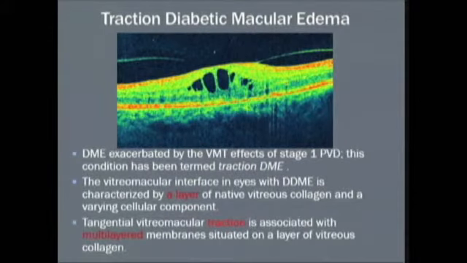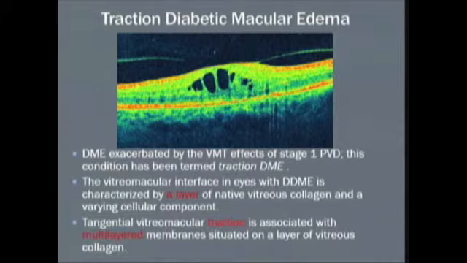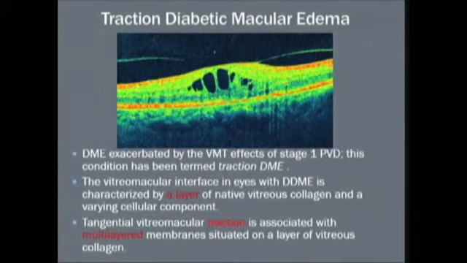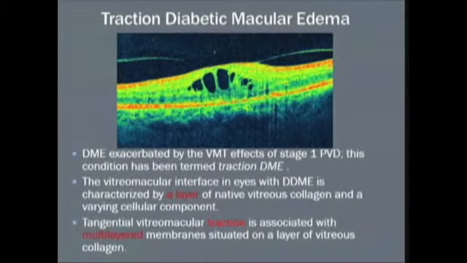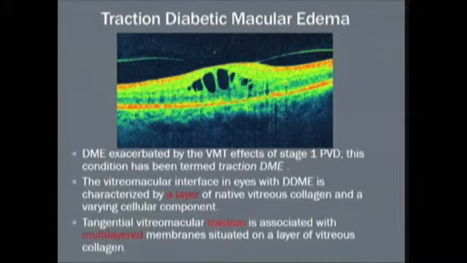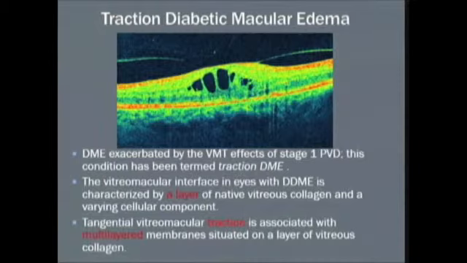So they found just one layer of vitreous attached to the macula. But in cases when there is tractional vitreomacular traction, it's associated with multi-layer membranes situated in a layer of vitreous collagen.